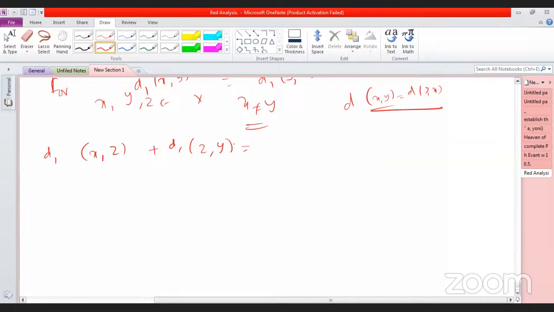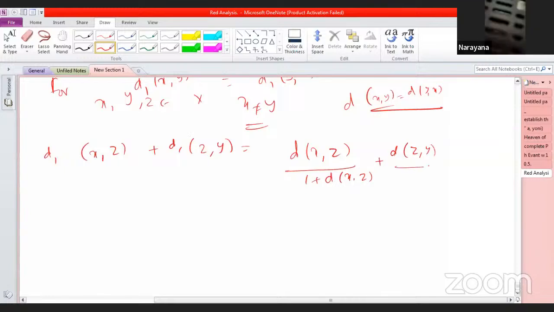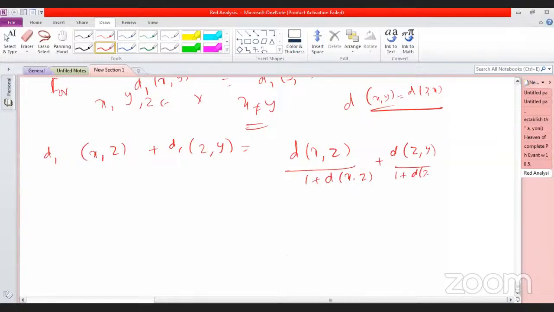Yes, sir. Okay. So therefore I am writing here d of x comma z by 1 plus d of x comma z, plus d of z comma y by 1 plus d of z comma y. We have written the formulas of d of x comma z plus d of z comma y, and I am writing the same formula here.